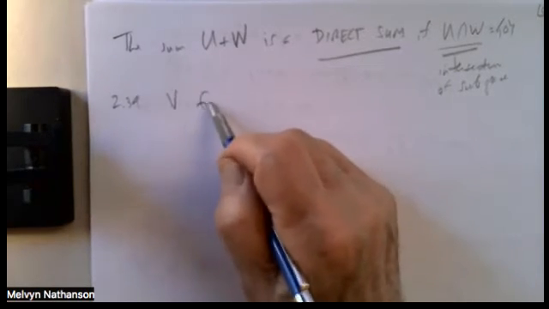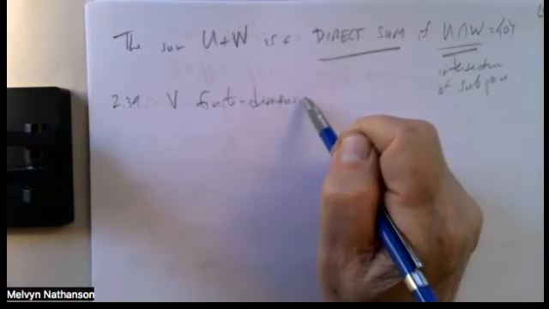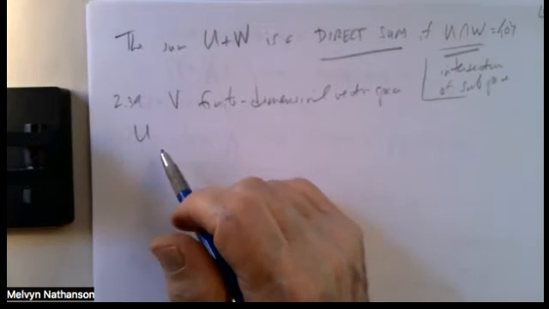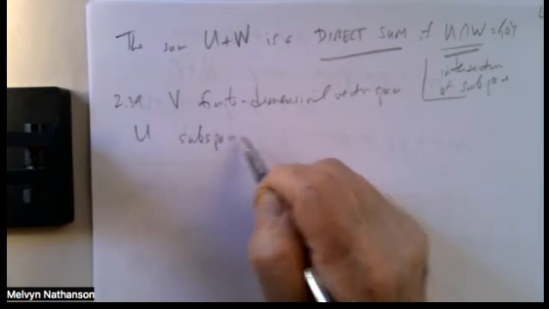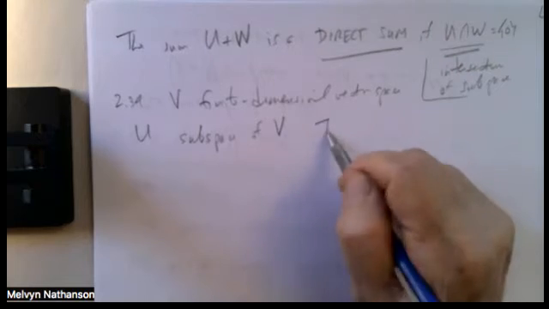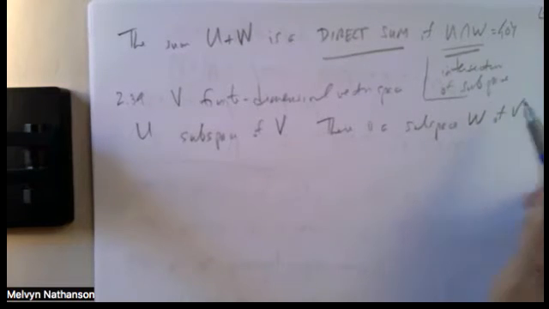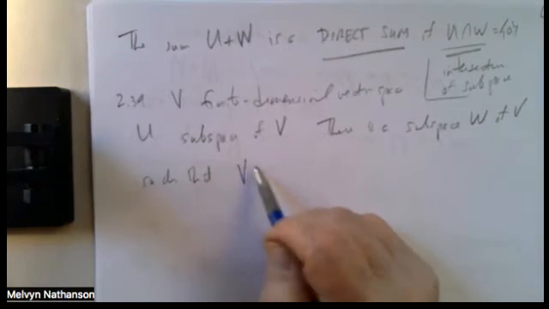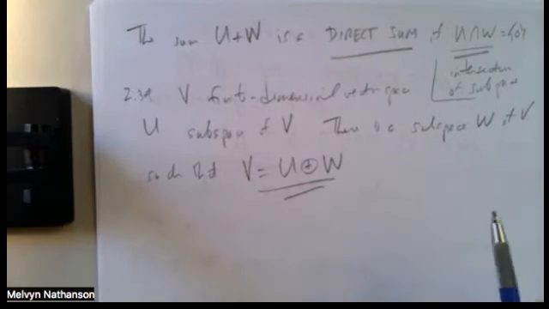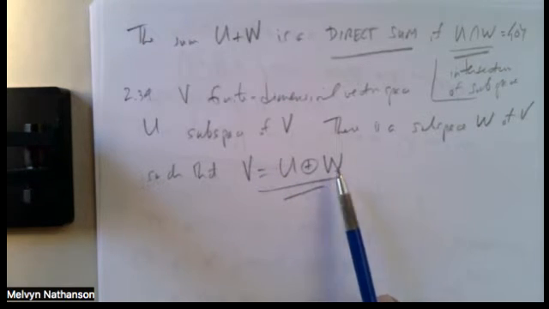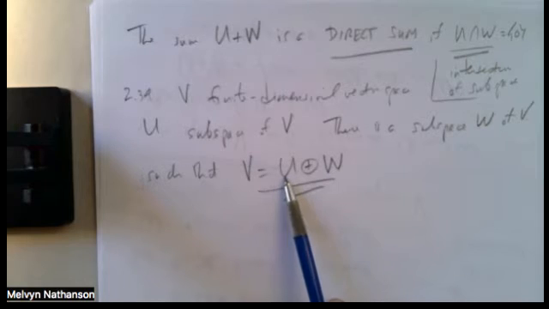Suppose V is a finite dimensional vector space and U is a subspace of V. There exists a subspace W of V such that V is U direct sum W. What this means is, given a subspace U of V, you can find a kind of complementary subspace W such that every vector in V can be written as the sum of a vector in U plus a vector in W. And this is a direct sum.